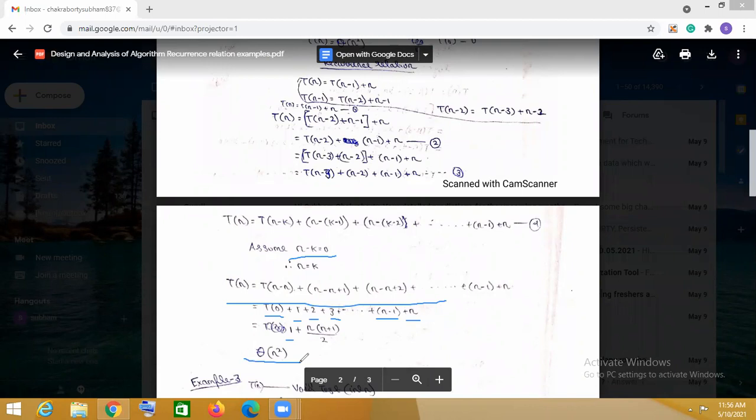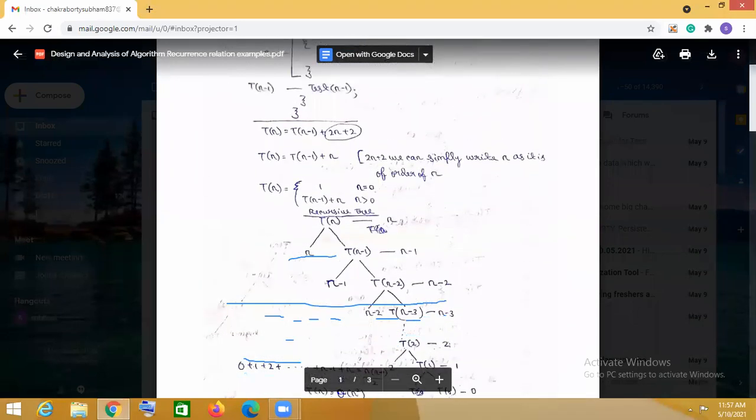The main thing is you have to practice it, because I will show some types, but in the exam you may get another recurrence relation also. But first, the recurrence relation time calculation must be solved, then you can solve the problem.